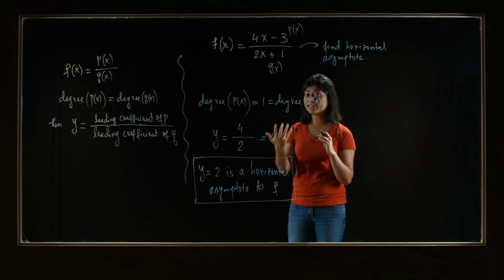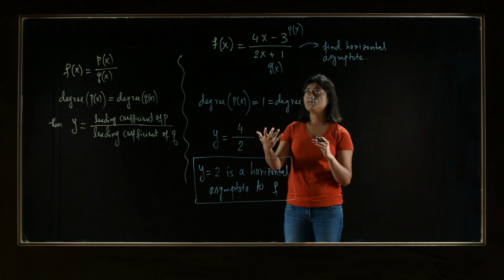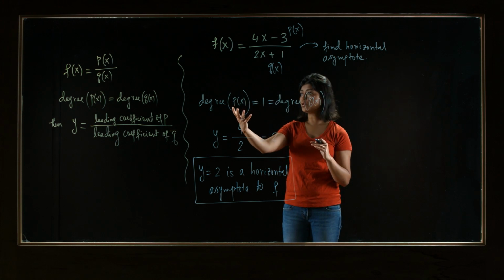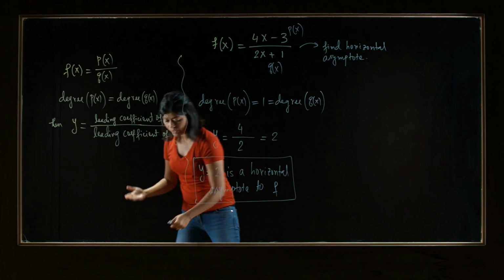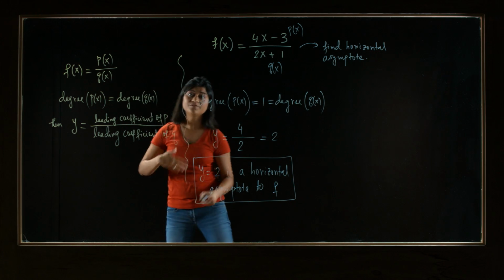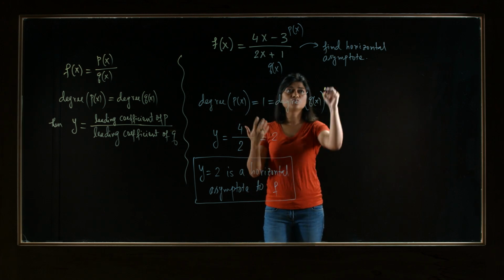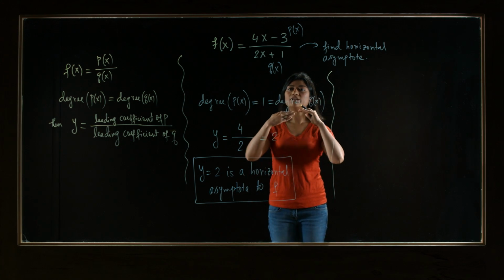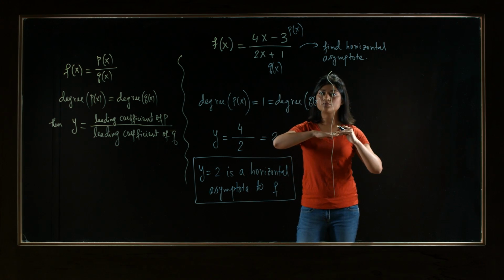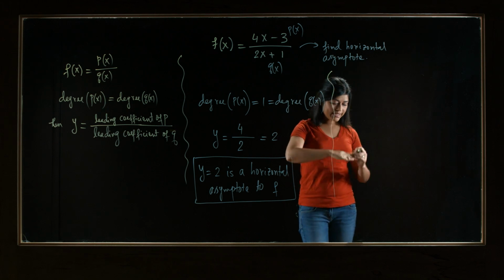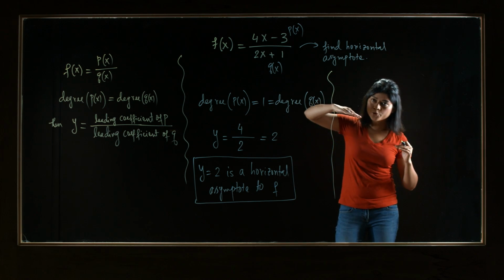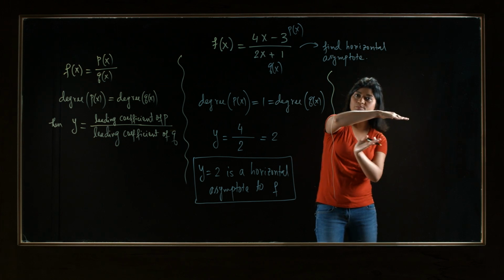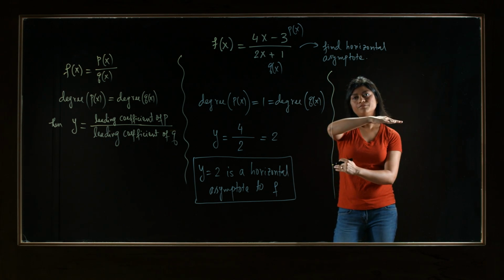Now, there is another way of figuring out the horizontal asymptote without knowing this fact, and that way is just directly evaluating the limit, because we know what a horizontal asymptote to the graph of a function is. It is the line that the function approaches as x approaches infinity or negative infinity.